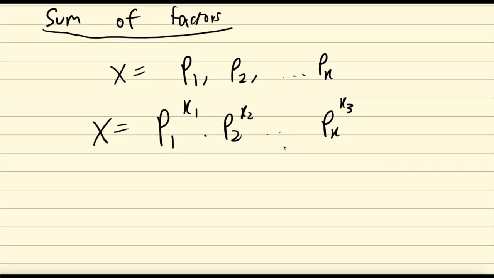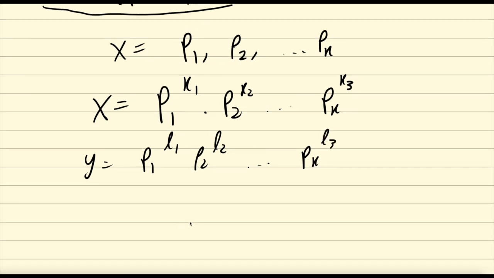Okay, and the thing is, all the factors of x are of the form p1 to the power l1 up to pn to the power ln, where ln is less than or equal to kn, which is greater than or equal to 0, right?